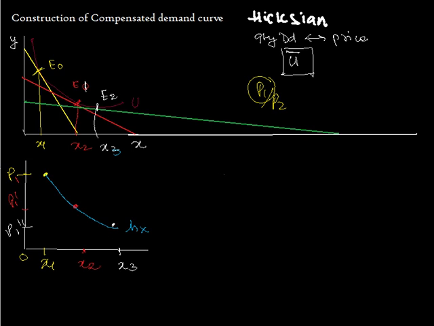This Hicksian demand curve is the relationship between the quantity demanded and price, keeping the utility constant. So X star, which is the quantity demanded of X, that is Hicksian demand, Hx, is equal to a function of Px, Py, and utility, which is of course constant.